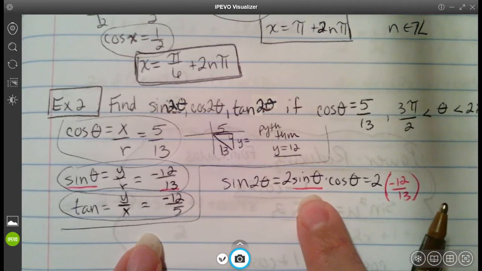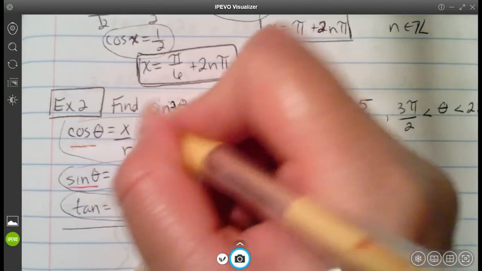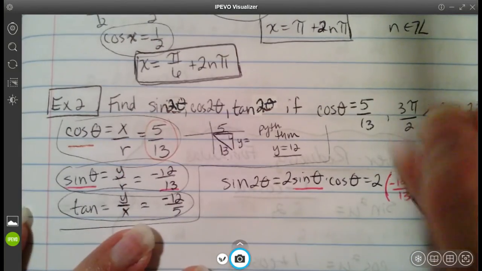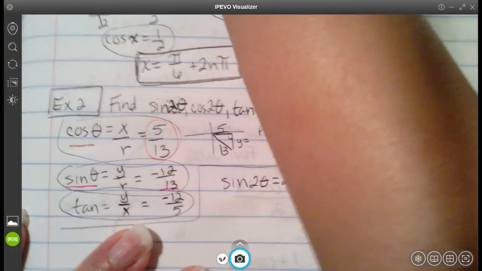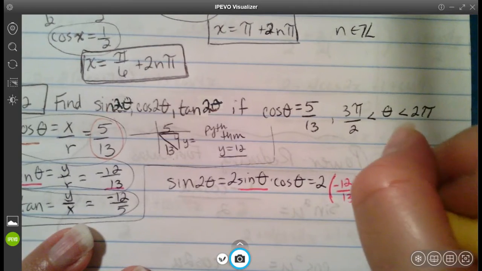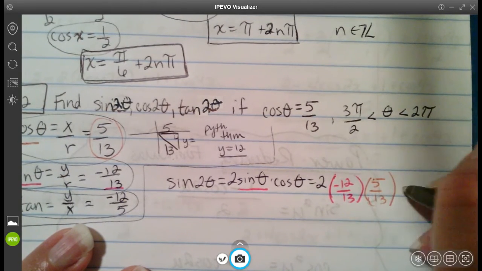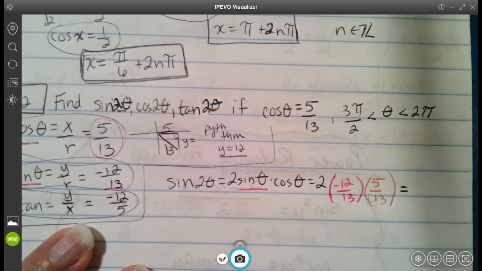That's the first part, times cosine of theta. And cosine of theta is up here. It's what was given. So 5 over 13. We multiply this out just normally. I already did this beforehand so that we wouldn't waste too much time with the video.